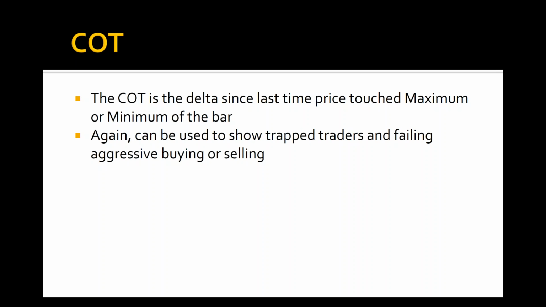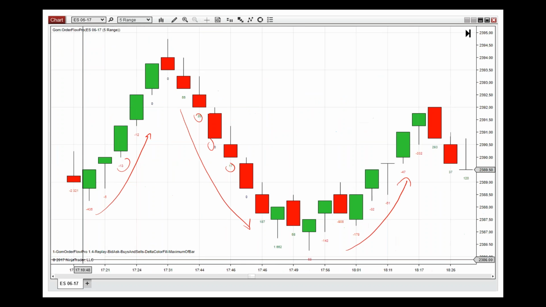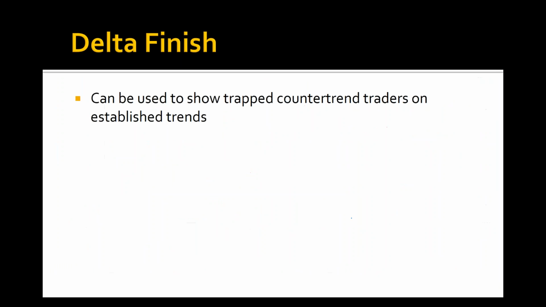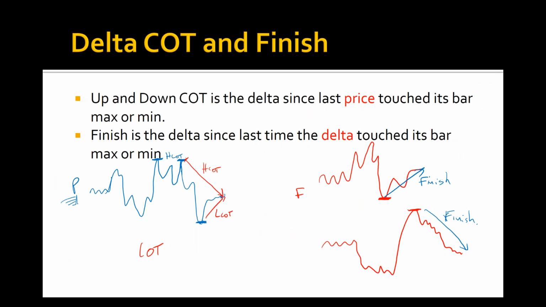What do you do for the finish calculation when there could be a top and a bottom finish on the same bar because the close equals the open? Well, when we calculate the finish, it doesn't matter. What we're looking at is the delta here. You see, this is the delta.